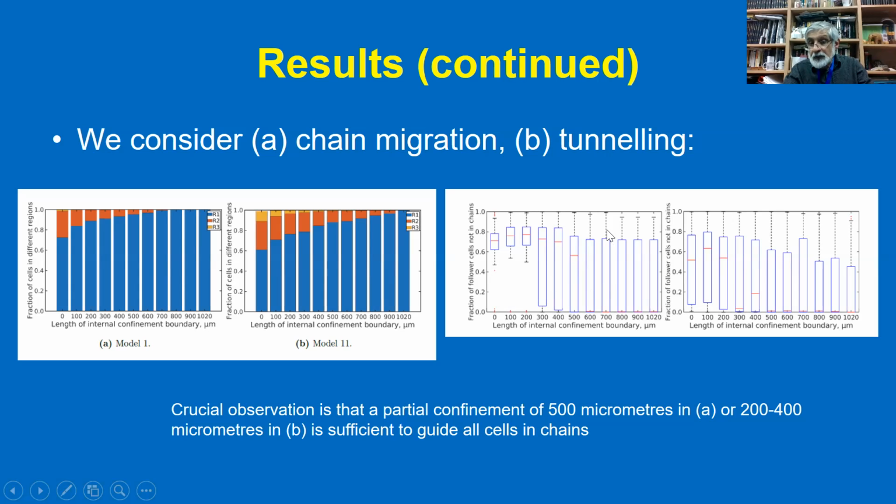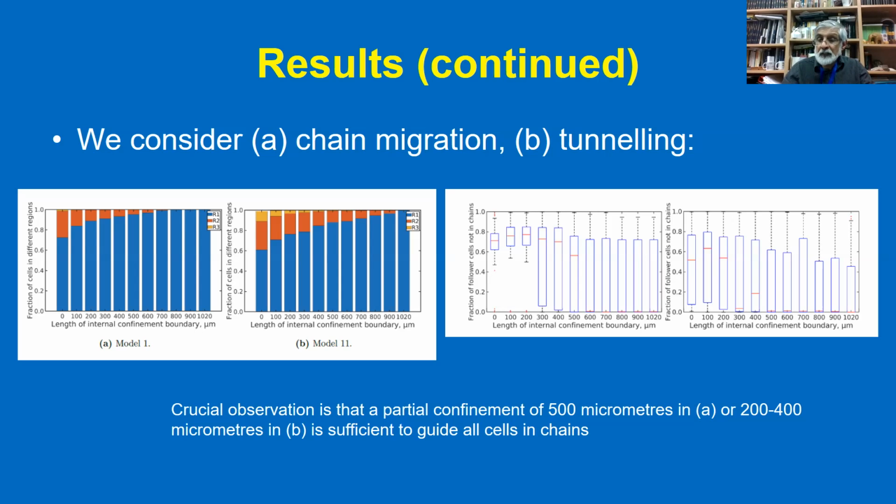There is a lot of noise going on here, but if you look at the mean, at roughly 500 microns, the mean collapses to 0. And this is for one of the models. This is for the other one. Roughly speaking, at 400 or 500 microns, it collapses again. So what this is telling us is that we only need partial confinement for invasion to occur.